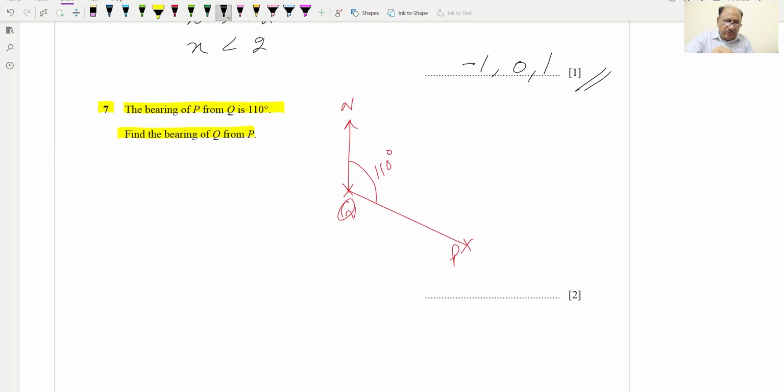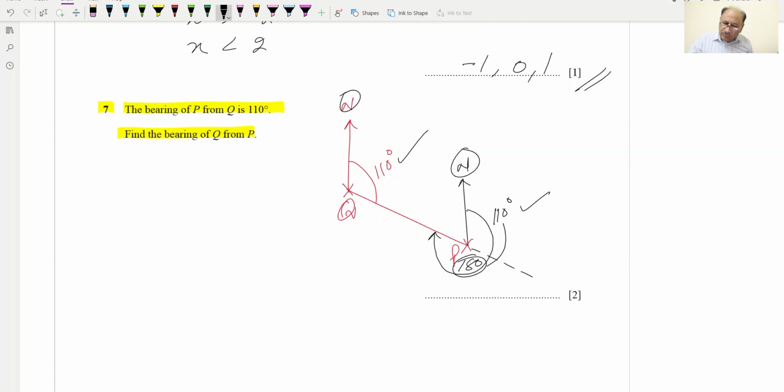So we can draw north on p, and we have to take it clockwise from the north. So this angle is required. To find this angle, we can extend this line, and this angle will be 110, because these are north lines, parallel, and the same line is intersecting, and this side is 180.